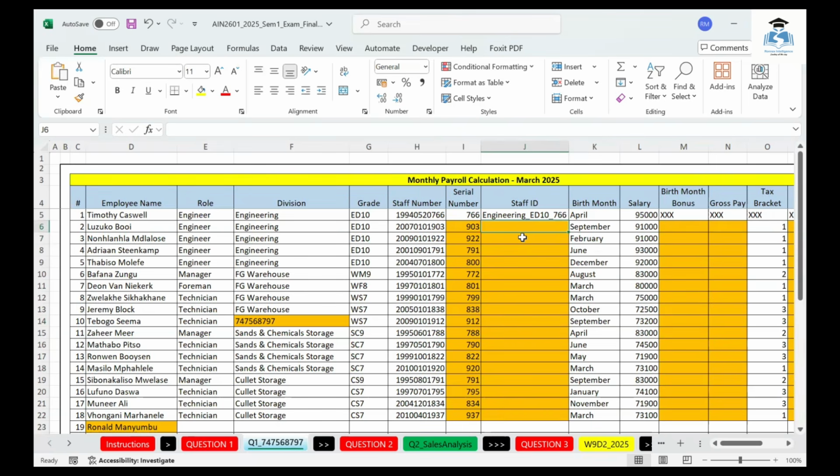Is equal to CONCATENATE, and then F6. No, it says row if I'm not mistaken. So the row is in E. Yes. Followed by an underscore. Then G6.